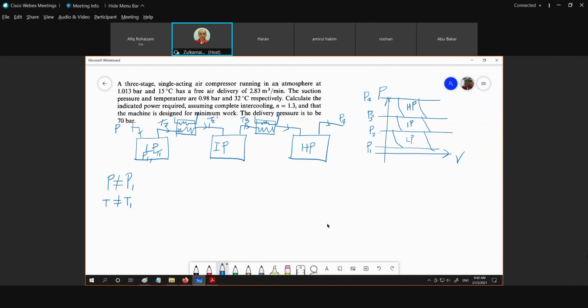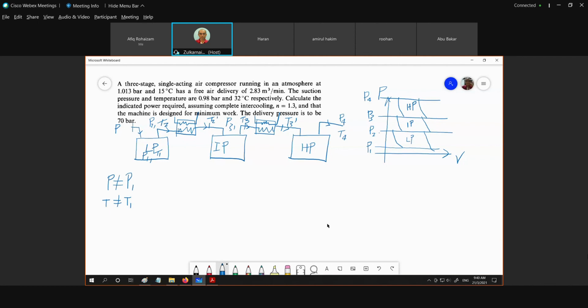Sini adalah T3 prime, sini 4. So sini 4 dan T4. Okay, so pressure kat sini adalah P2, pressure kat sini adalah P3, pressure kat sini adalah P4.